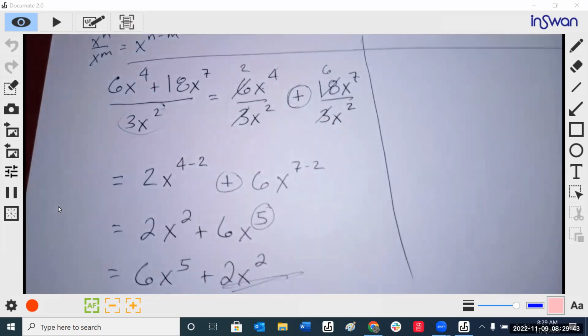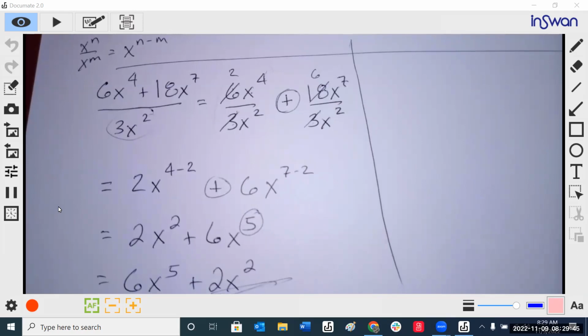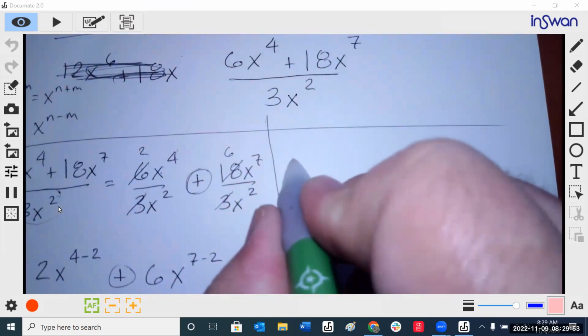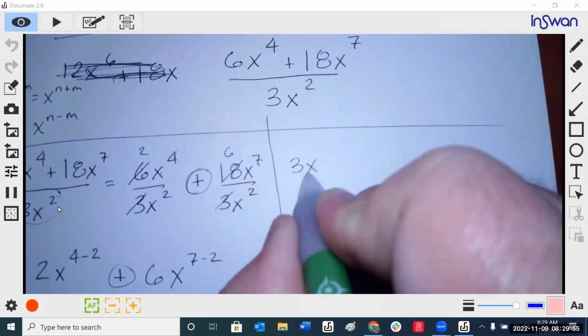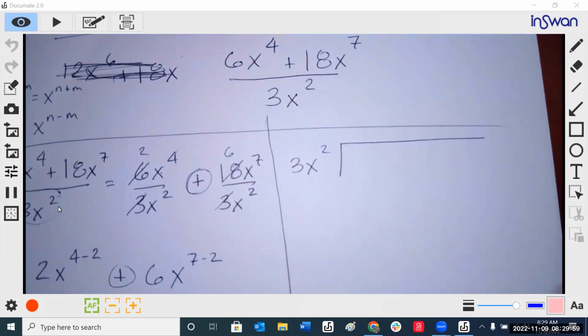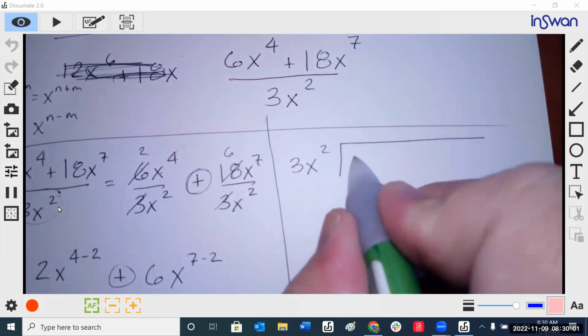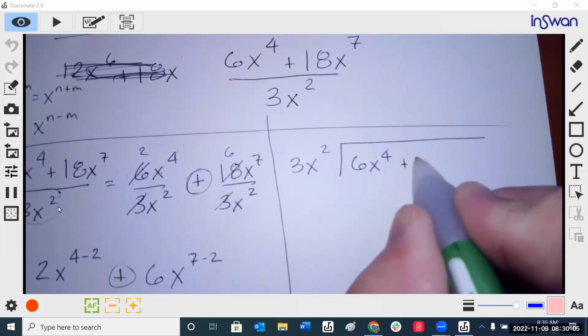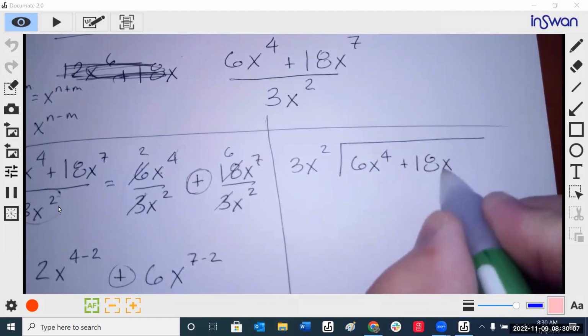All right, so the other way we could have done it. Since it's division, we could have written it this way. 3x squared into (6x to the 4) plus 18x to the 7th.